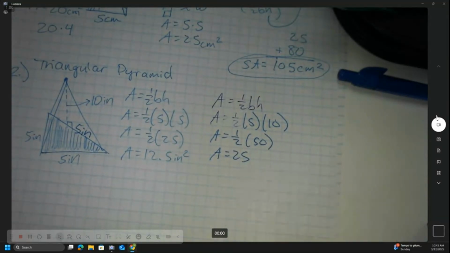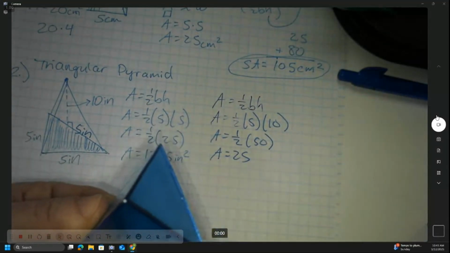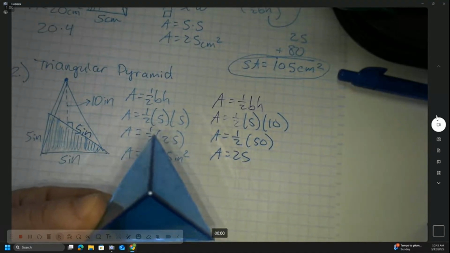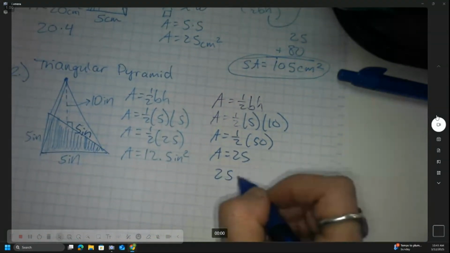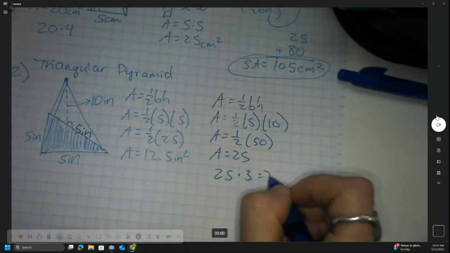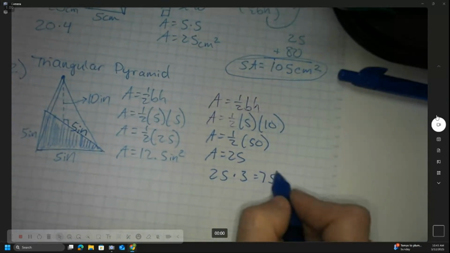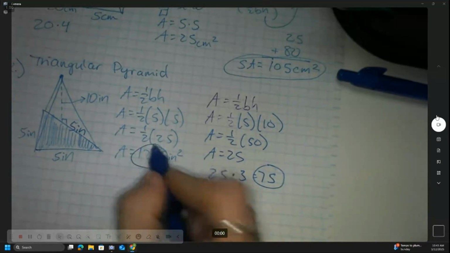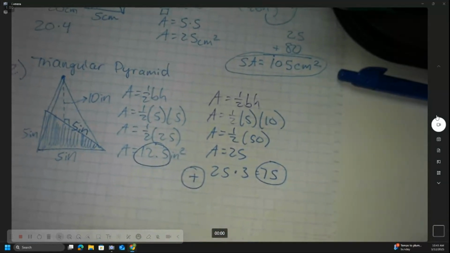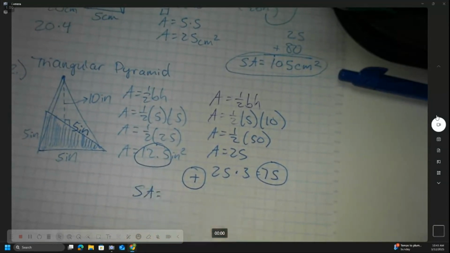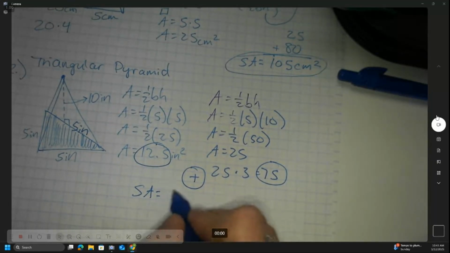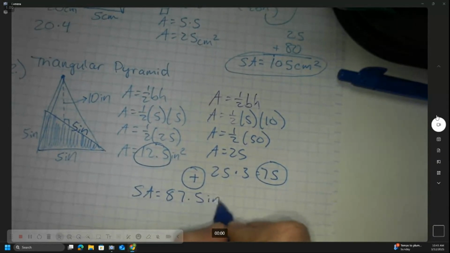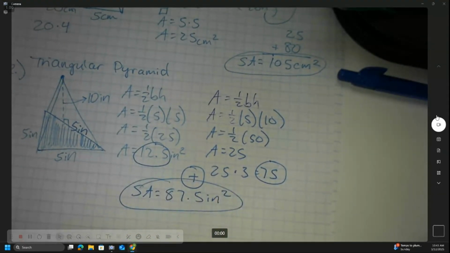Now, how many faces do we have here? 1, 2, 3. You can add 25 3 times, or 25 times 3 is 75. So we're going to take this and this, add it together to get our total amount of surface area. And once you add them all together, you'll get 87.5 inches squared. Make sure you square your answers.